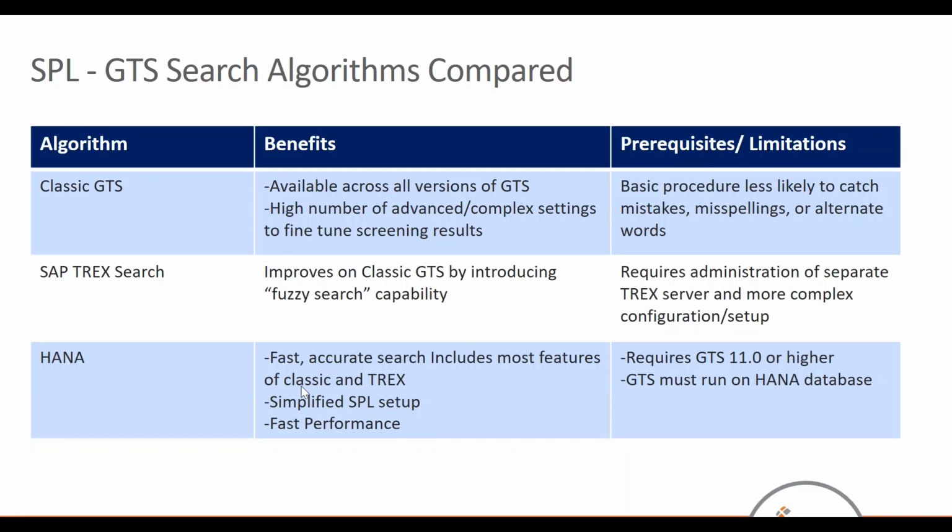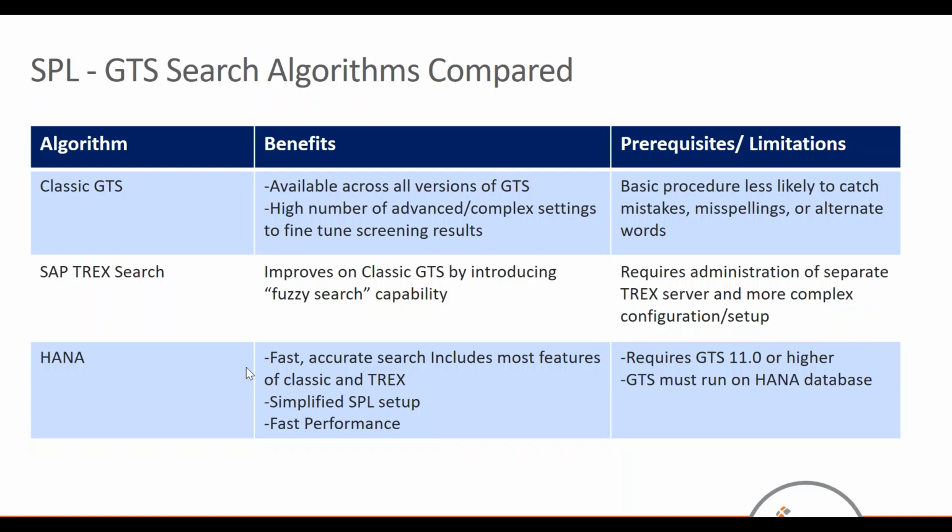You also have a simpler SPL setup, so in terms of configuration, it is much simpler than the effort required to configure the classic search. From the reporting perspective, all your reports run much faster. These are some of the benefits if you go with SPL HANA search. Of course, it is available from version 10.11, and your GTS must be installed on the HANA database so that you can use this feature.